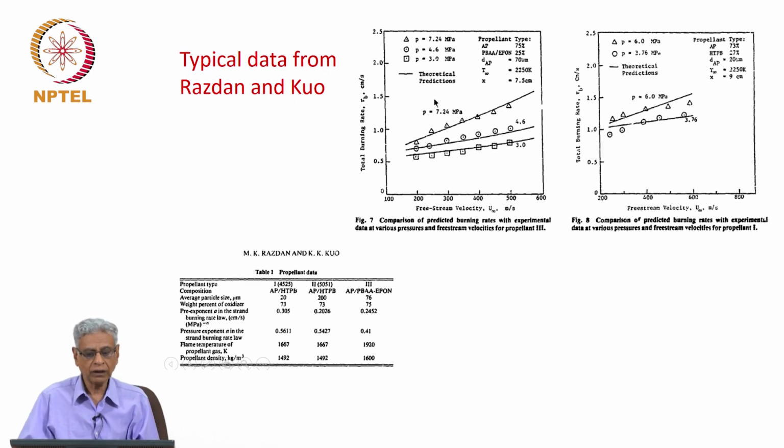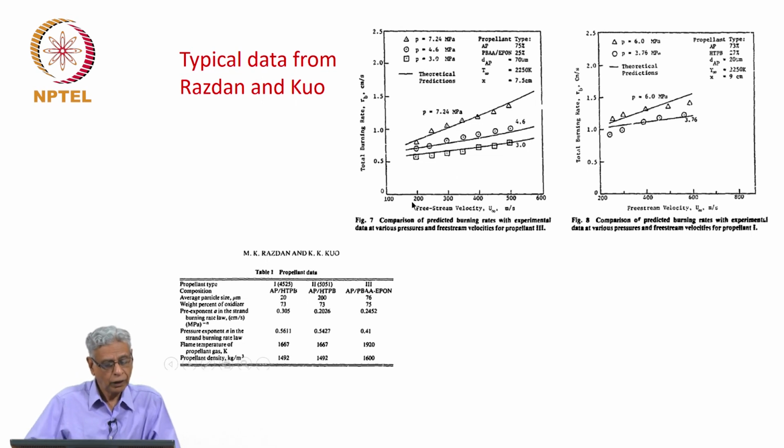You will plot this data as a function of pressure, showing how the total burn rate varies as a function of free stream speed. Then you also have total burn rate as a function of free stream speed for different classes of propellants, and they claim that with the theoretical predictions they have got consistent results.